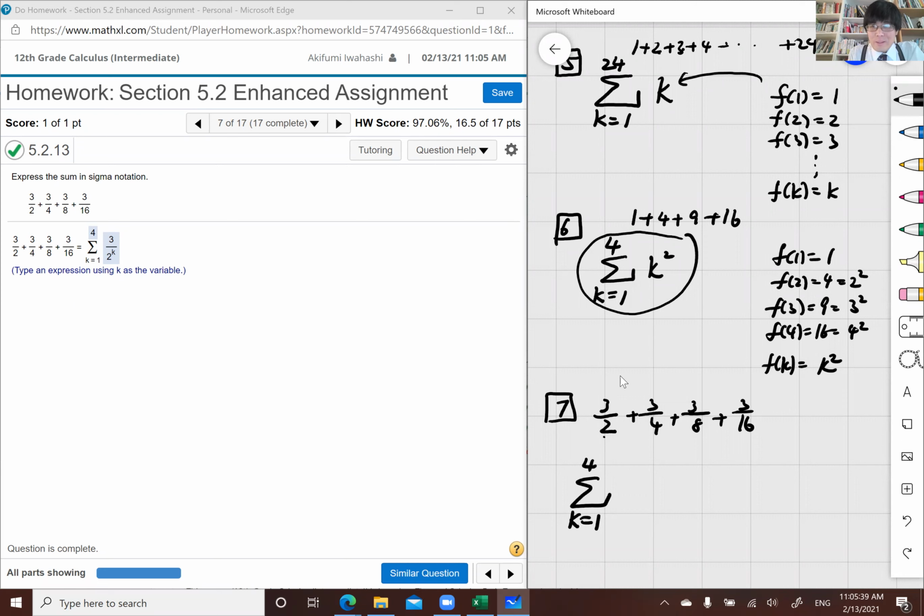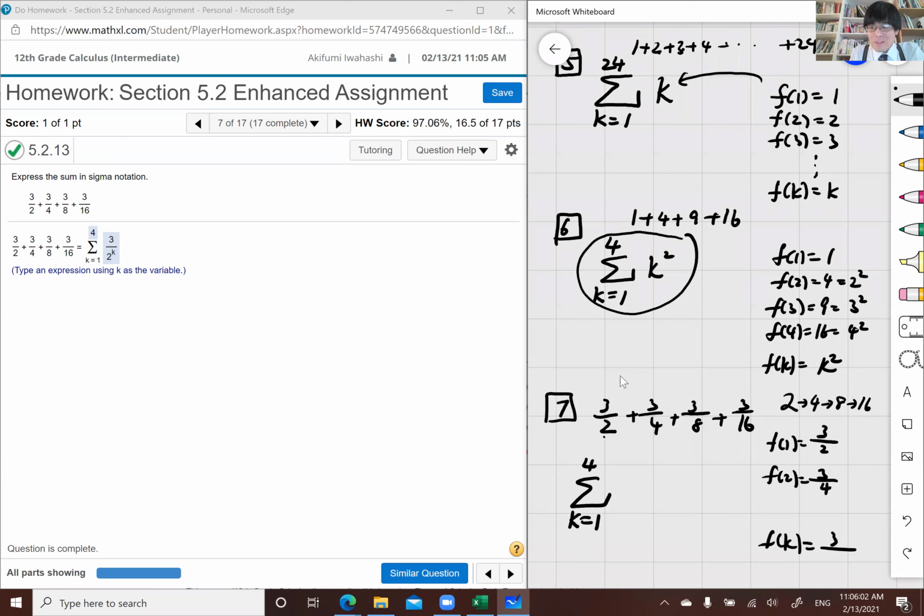The numerators remain 3. So the first term is 3 over something, the second term is 3 over something, and so on. So the k-th term would be 3 over something. Now the bottom is 2, 4, 8, 16. It is a geometric sequence.